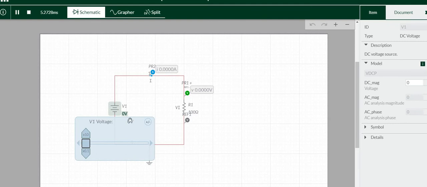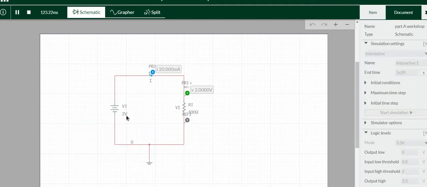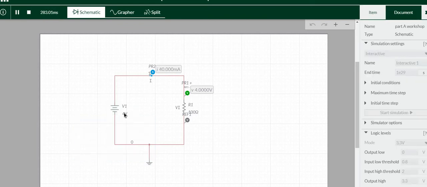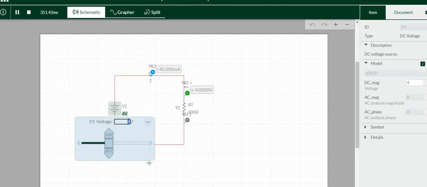Next is 2 volt, and next is 4 volt. Next is 6 volt, and next is 8 volt. Next is 10 volt.